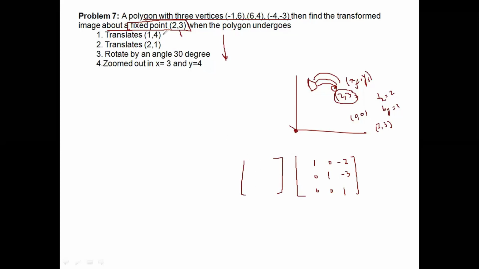Two translations are additive in nature, so we can directly write 1 0 3, 0 1 5.